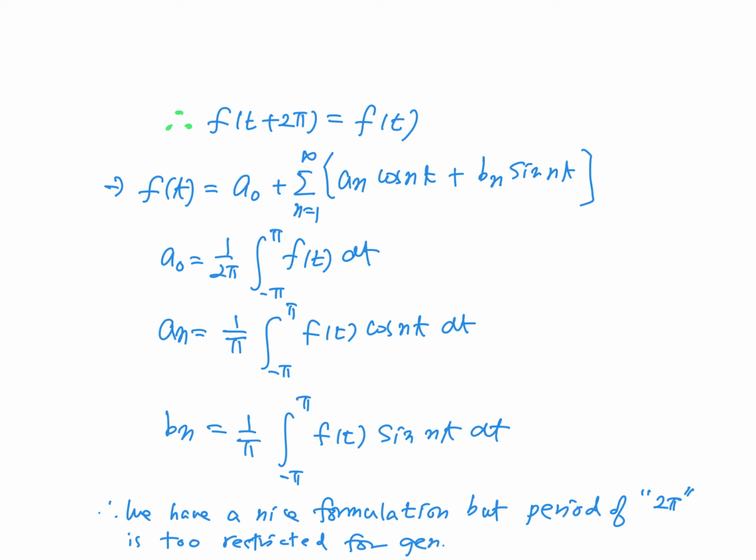So this is the first step. Nice work. This is kind of practice, right? The real problem is a general period capital T. We have a nice formulation, but a period of 2 pi is too restricted for general purpose.